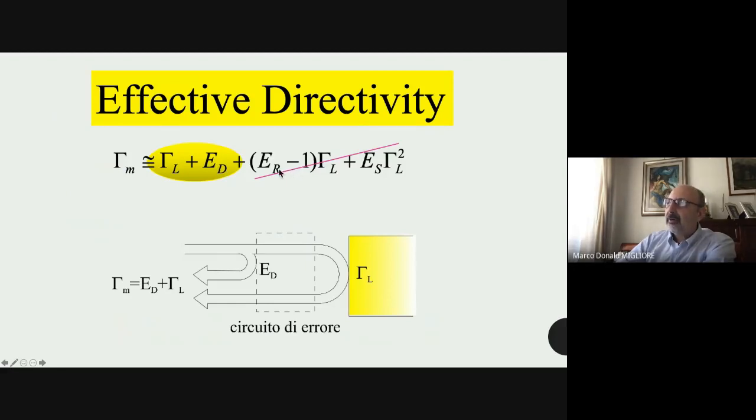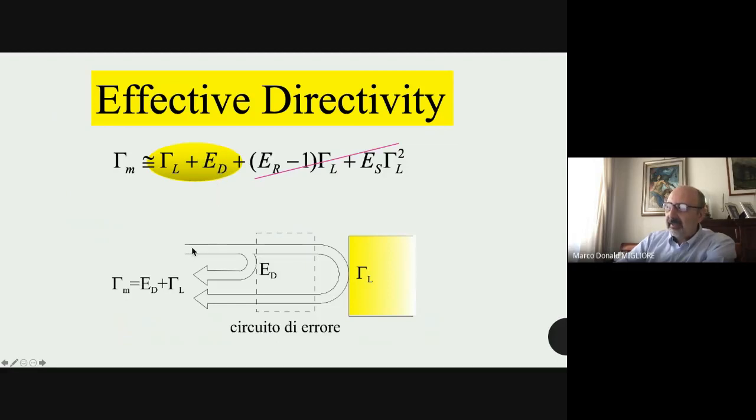So let us suppose that E_R and E_S can be negligible. And so what I measure with my vector network analyzer is equal to gamma L, that is the quantity that I want, the reflection coefficient of the load, plus this directivity error.